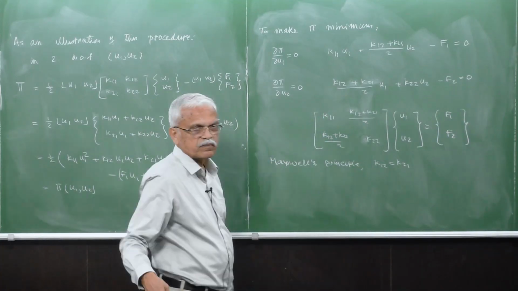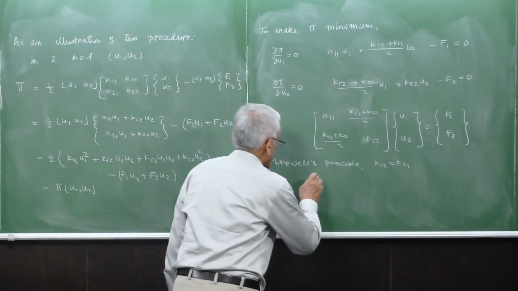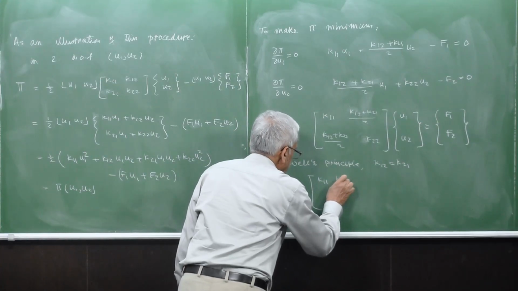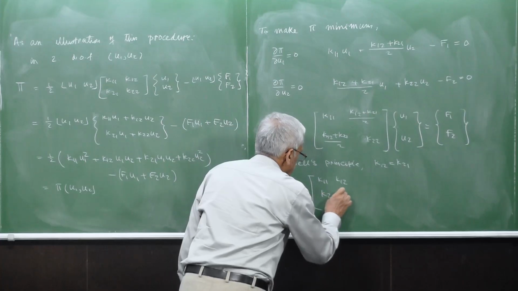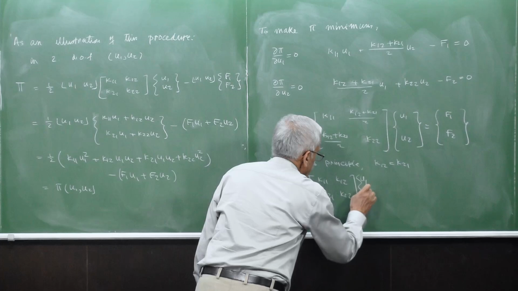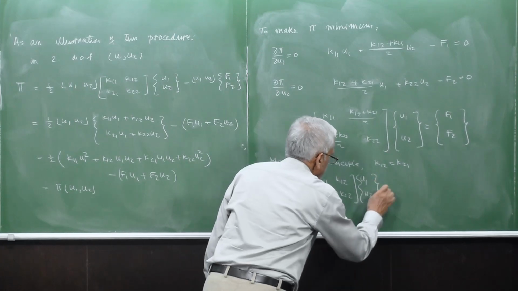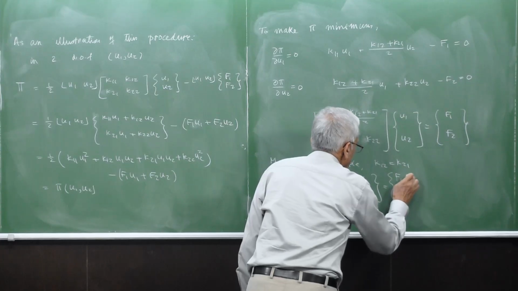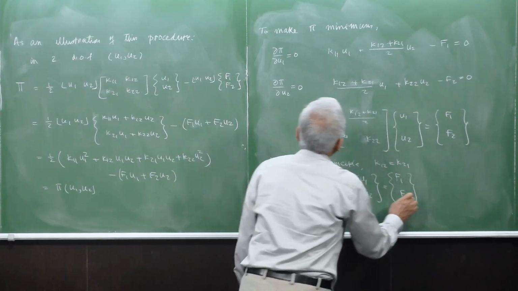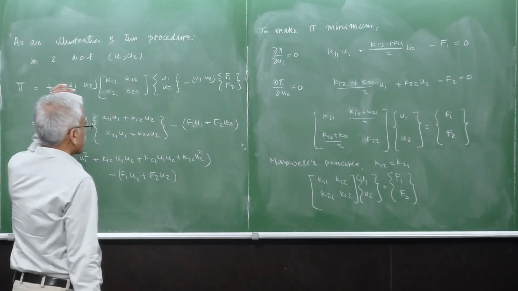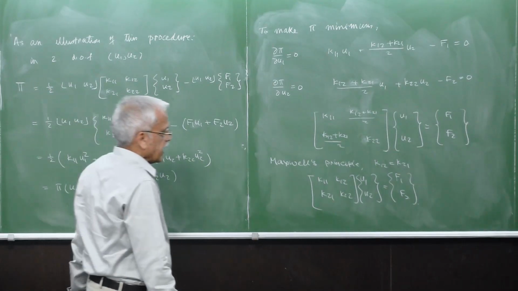So either you can replace K12 with K21 or K21 with K12. So it is the matrix K11, K12, K21, K22 times U1, U2. This is exactly what we put for n degrees of freedom.